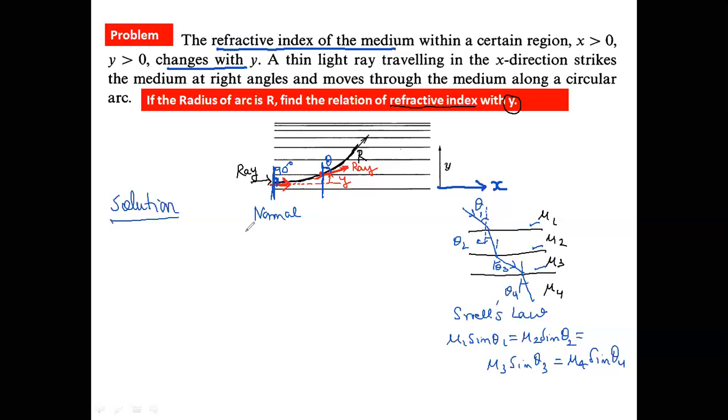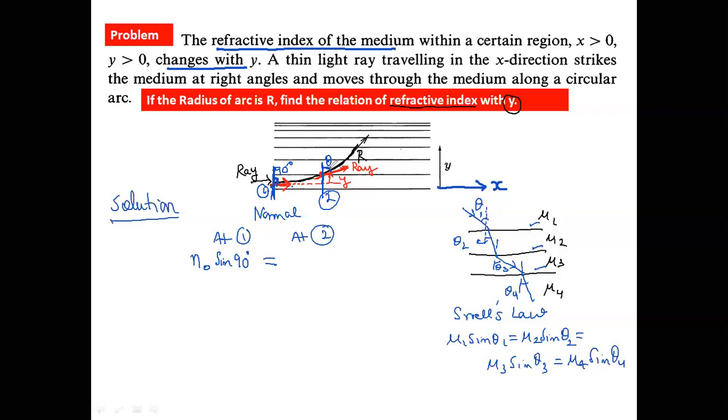According to Snell's law, say this is point number 1 and this is point number 2. At point 1, we have a refractive index n naught, and the angle between the direction of the ray and the normal to the refracting surfaces is 90 degrees, so we put n naught sine 90 degrees.